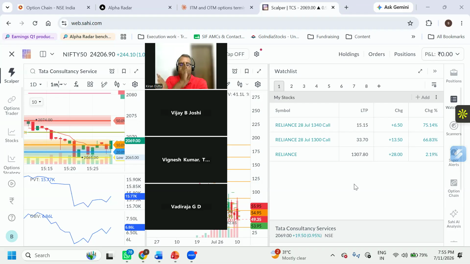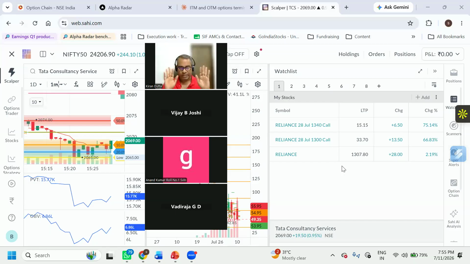Now, my spot price here is 1307. My strike price here is 1340. If I execute this, will I make money or will I make a loss? Loss. The spot is 1307 and the strike is 1340, so I make a loss. Got it? Now, let me open the floor to questions.